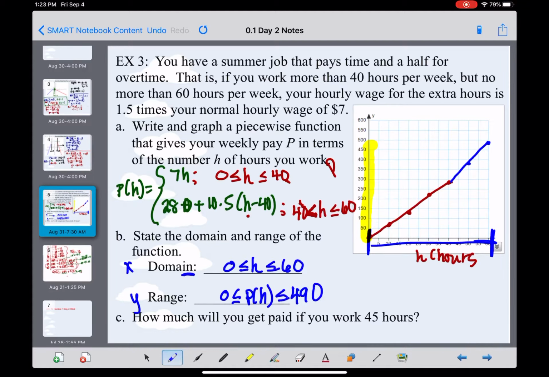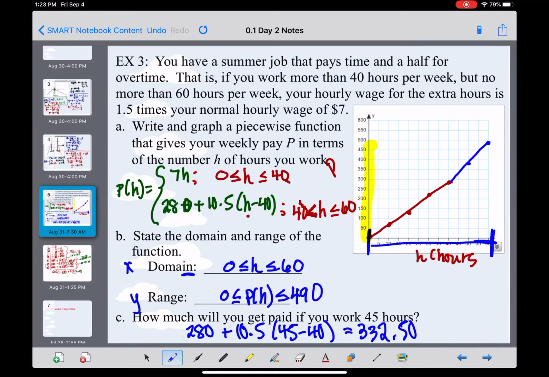Our last question is a check to make sure it makes sense. How much am I going to get paid if I worked 45 hours? That's going to be the second equation, because 45 is between 40 and 60. So I get paid 280 for the first 40 plus 10.50 times 45 minus 40. 45 minus 40 is 5, times 10.50 plus 280 is 332.50.